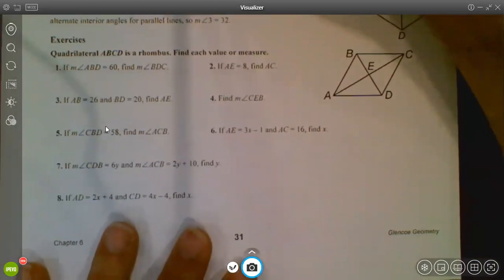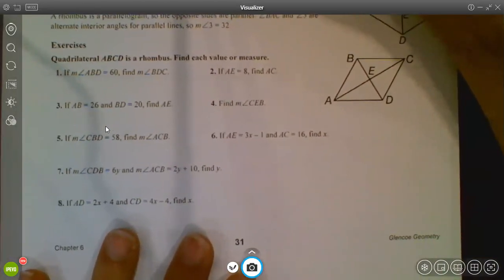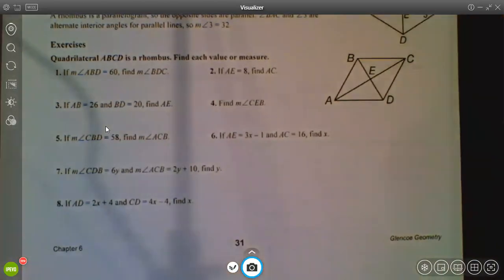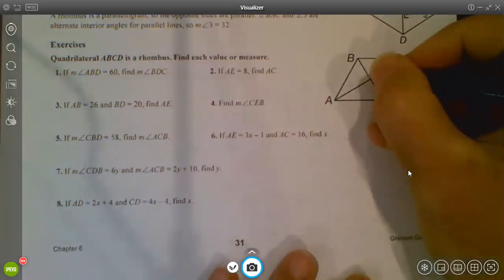All right, so here's the ones I want you guys to do with me. And some of these are a little repetitive, so we're not going to do every single one of these, but let's go through the main ideas. All right, guys, right off the bat, as soon as I see that it's a rhombus, two things I would do.